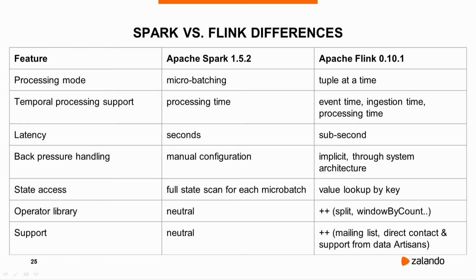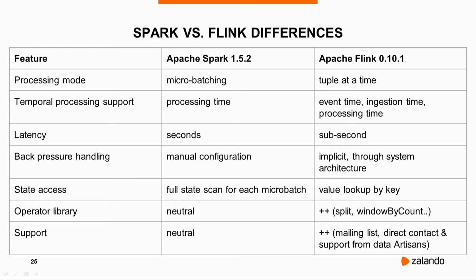The event time is particularly important to reason about events, so we know exactly when those events occurred in real time. This also enables us to handle out-of-order events. Then the latency: seconds versus sub-seconds.